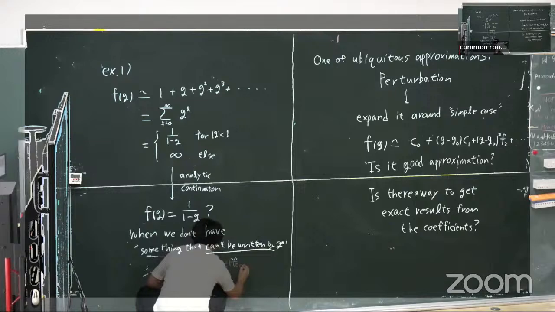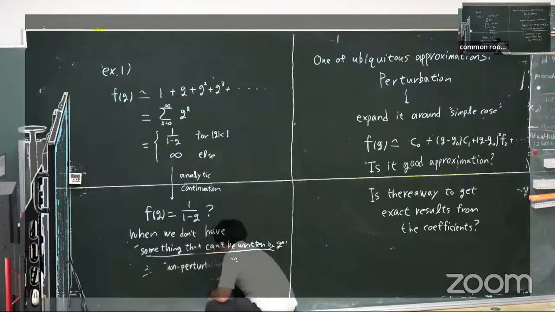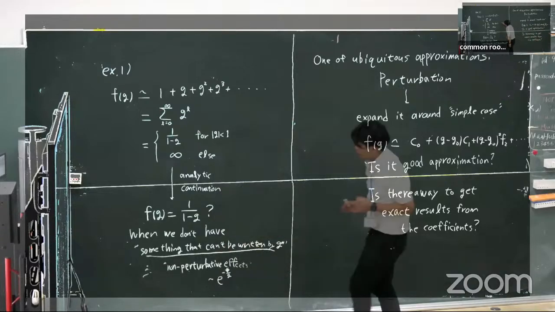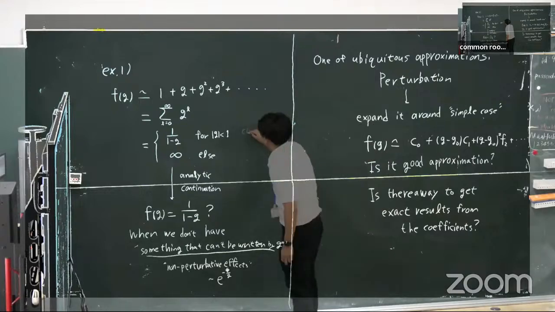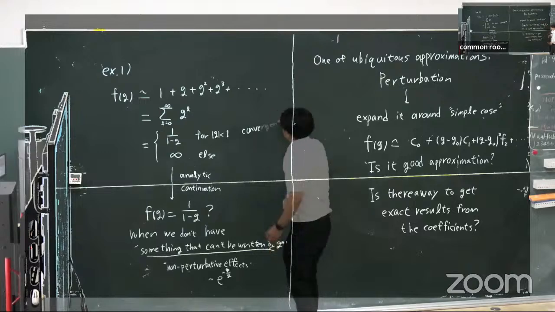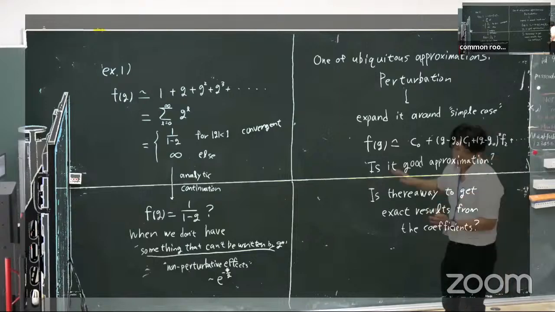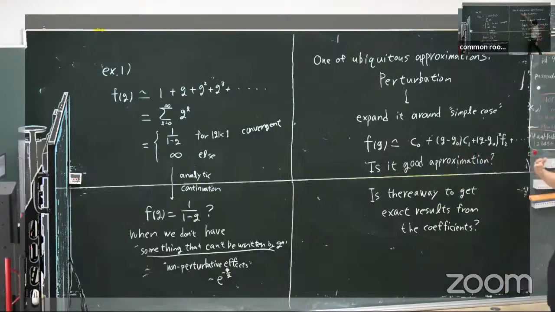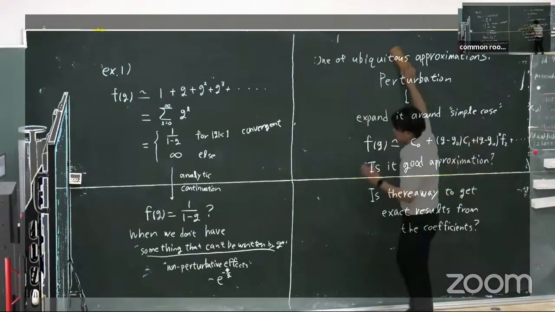In physics, the form is typically something like the exponential of minus 1 over g. For this case, the series is convergent. If we get a convergent series in an actual physics problem, we are basically lucky, and we can estimate the exact result.